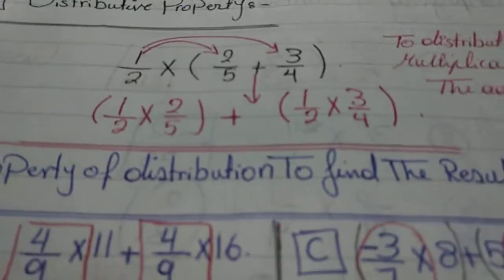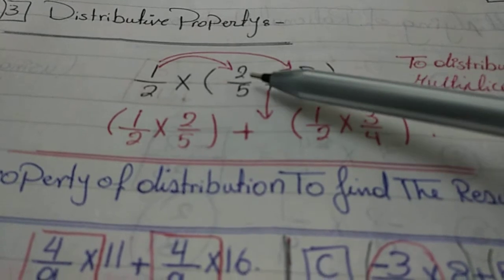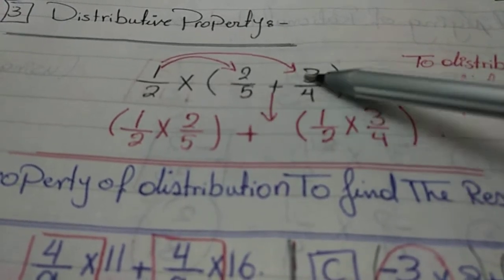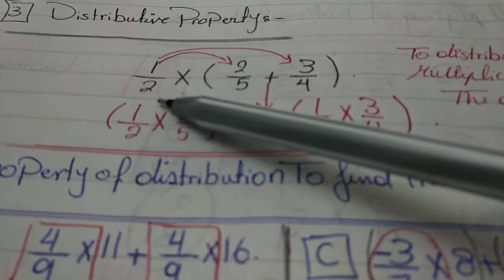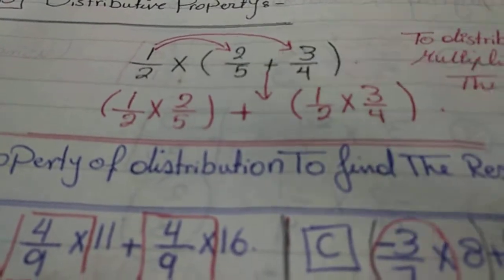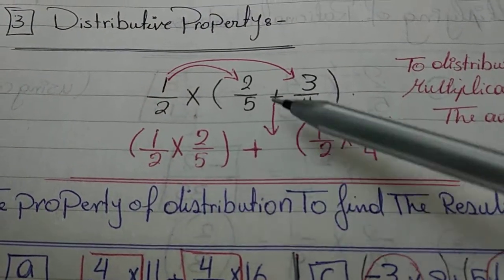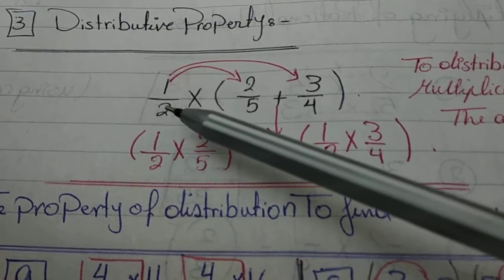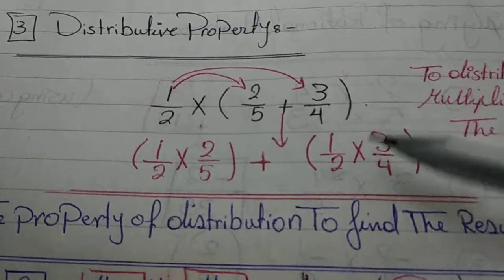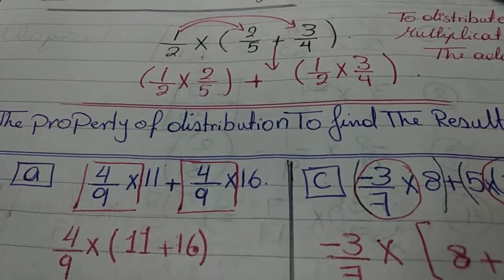If I have 1 over 2 times, open bracket, 2 over 5 plus 3 over 4, I should distribute 1 over 2 and the multiplication over this bracket. I will write 1 over 2 times 2 over 5, and then plus, again, 1 over 2 times 3 over 4. This is the meaning of distributive property. Okay?